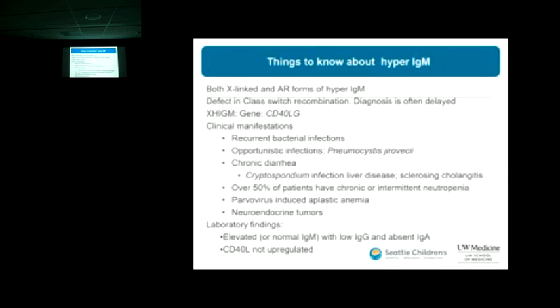And if you look at malignancies in CVID patients, these are the most common only in X-linked hyper-IgM patients. So those are a group of patients that I'm particularly interested in. And if any of you see these patients, please come talk to me because we want to study this.